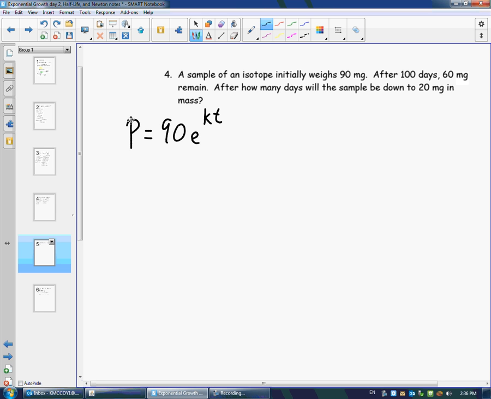Okay, we're going to have to do what we can to find k first, because we have to have that other variable. So we're given that 60 milligrams is left, so that's our new amount. So it's going to be a decay. We went from 90 to 60. e to the k times our time here, which is going to be, what, 100 days?